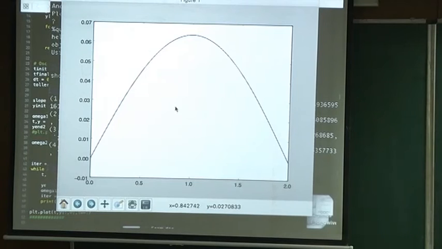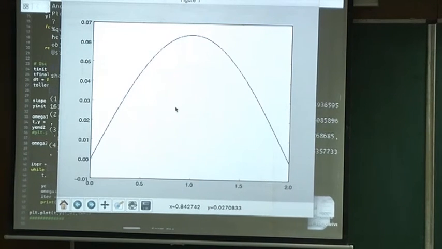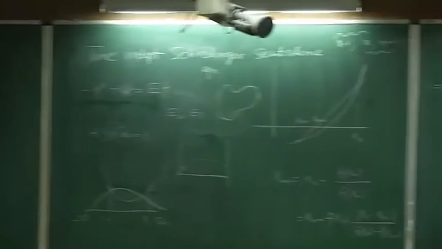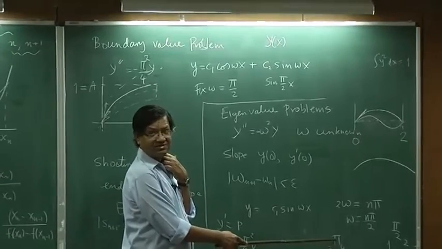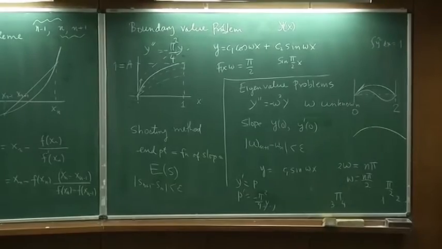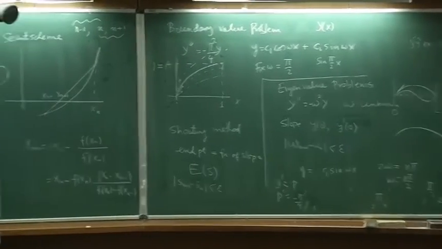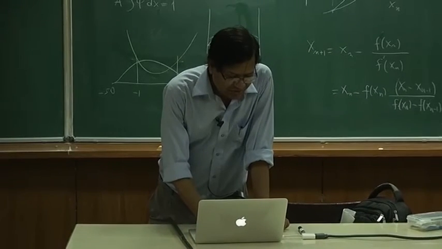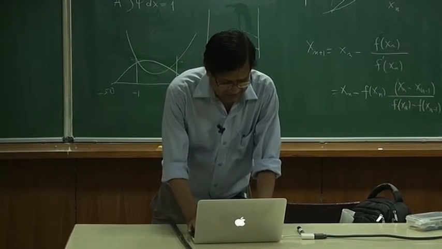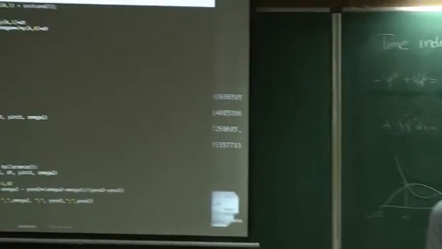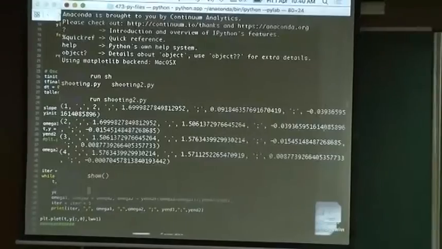Now he is asking what if I change my omega brackets from 1 to 4. So let's try first 3 to 4. I am looking for this solution with 3 to 4. This one I know that I will get to. So my omega 1 is 3 and omega 2 is 4. Run again.